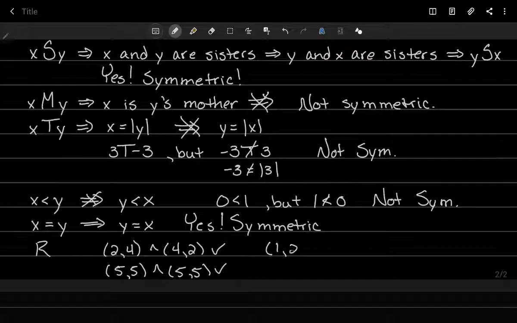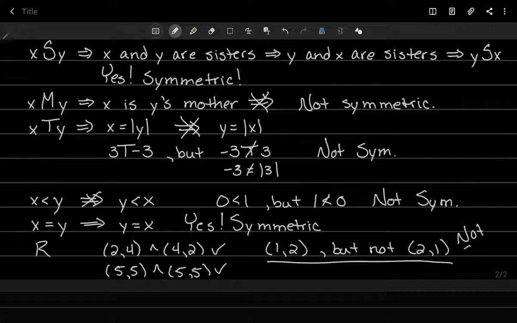It has 1, 2, but it does not have 2, 1. That's all I really needed to ruin it and make it not symmetric. Same thing with the 1, 3, but not 3, 1. Not symmetric. So again, symmetric means if you have an ordered pair, its reverse has to be there.